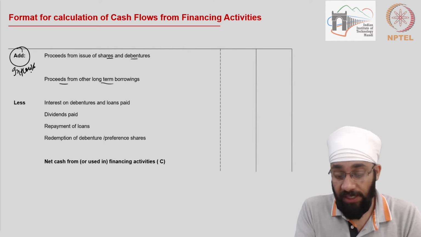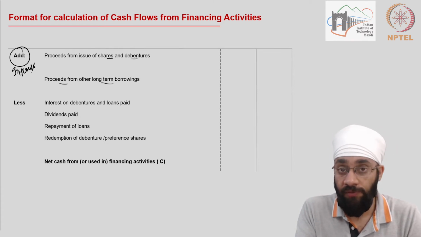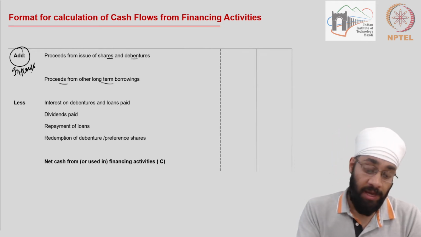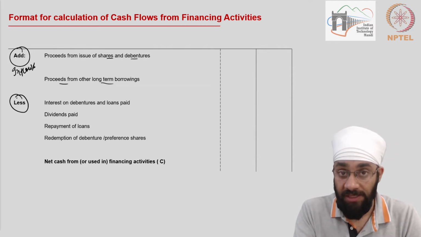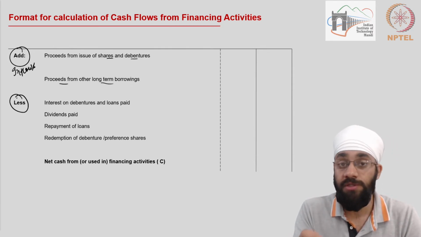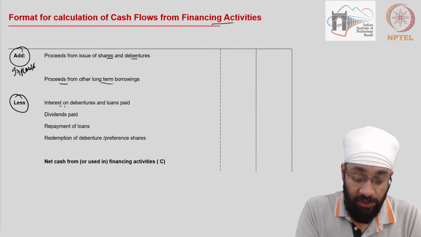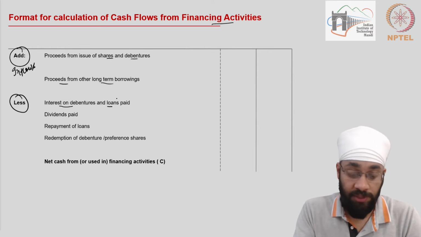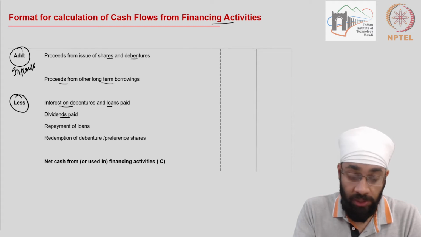Financing activities, as discussed earlier as well, refer to the long-term sources of funds for the business, and any expenses on servicing these liabilities are also considered under the financing activities head. So, interest that you pay on debentures or on the loans is also considered a financing activity. Dividends are paid to the equity shareholders.